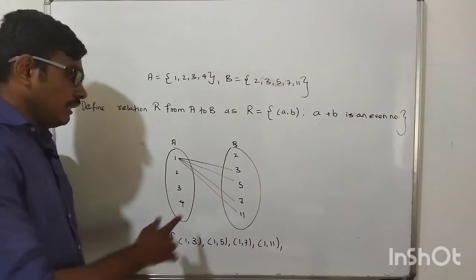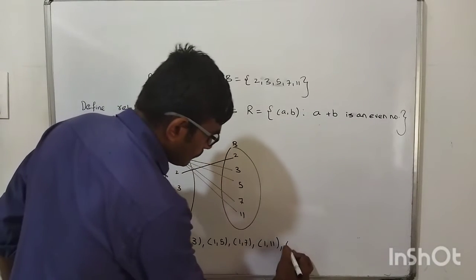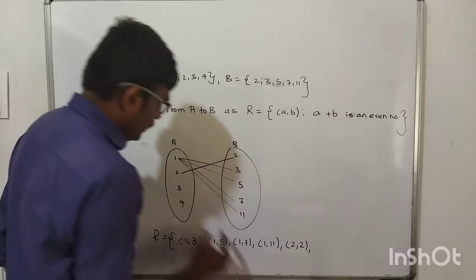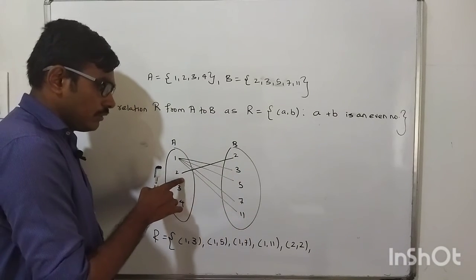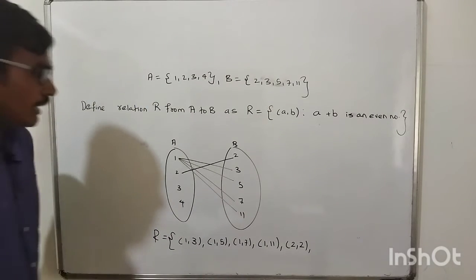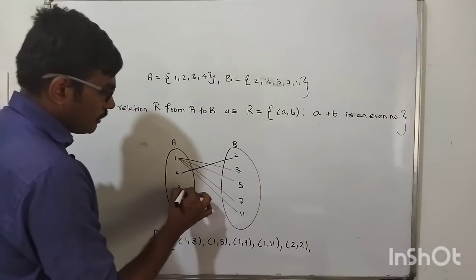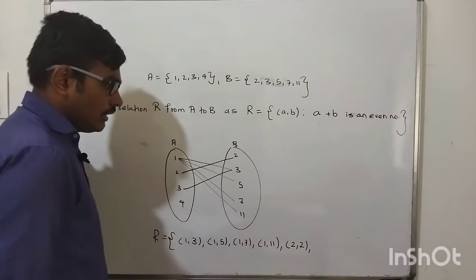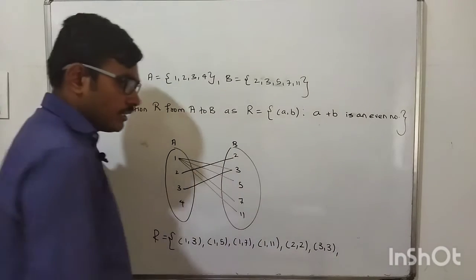Then we'll check for 2. 2 plus 2 is an even number, so (2, 2) will come. 2 plus 3, 2 plus 5, 2 plus 7 and 2 plus 11 are not even. Then 3. 3 plus 2 is not even, but 3 plus 3 is even, because 3 plus 3 is 6, so (3, 3) will come.